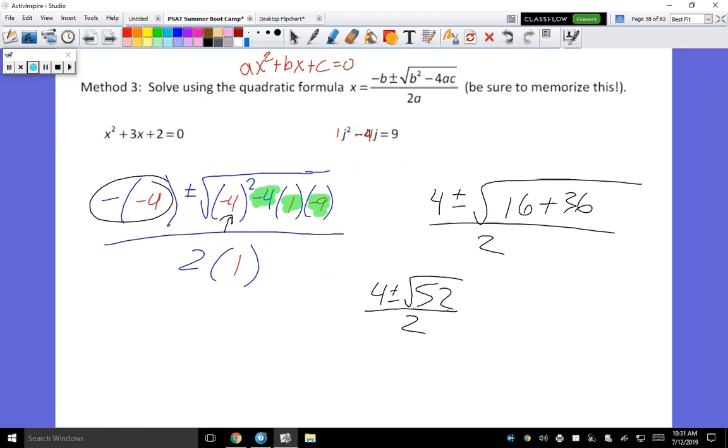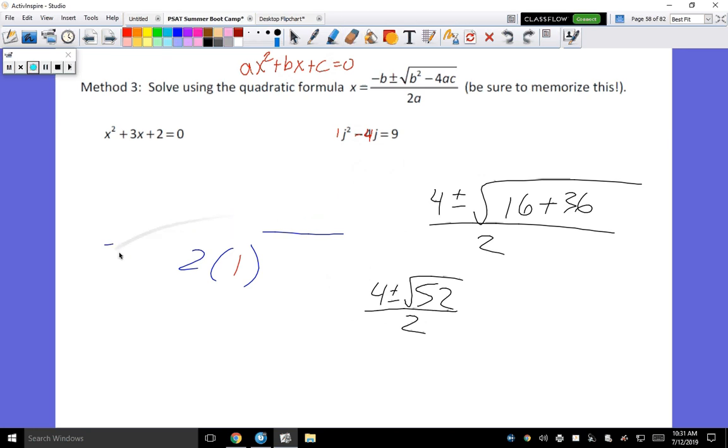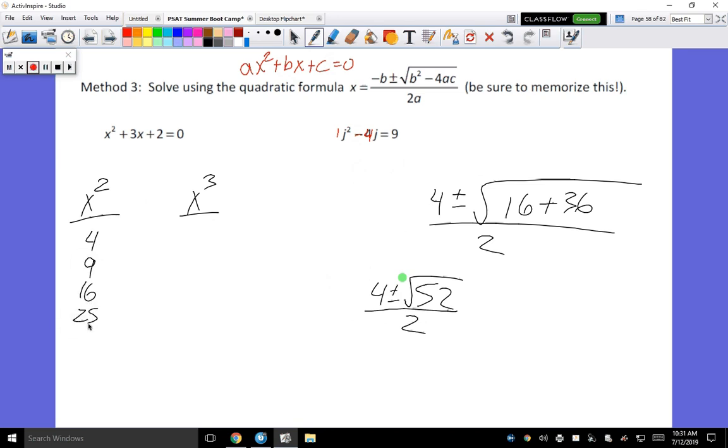Let's simplify this radical. Okay, so we're going to simplify root 52. What did I tell you this week that the understood number goes there? 2, right? So because it was a 2, which are the squares, what are the numbers that I told you this week that we should go through? 4, 9, 16, 25, and so forth, right?